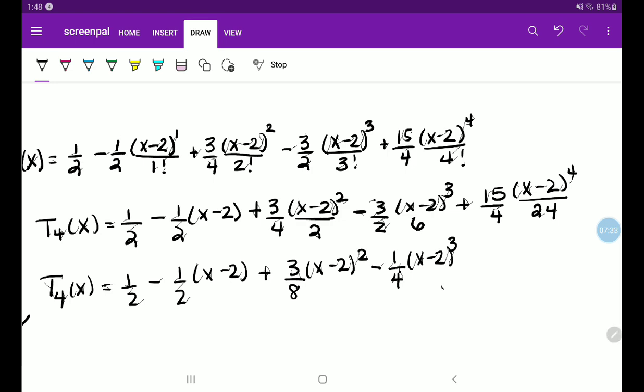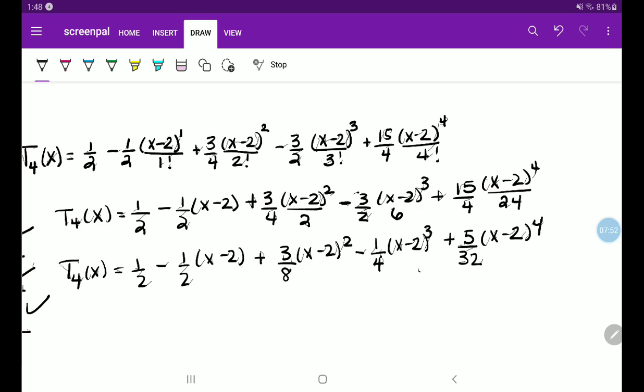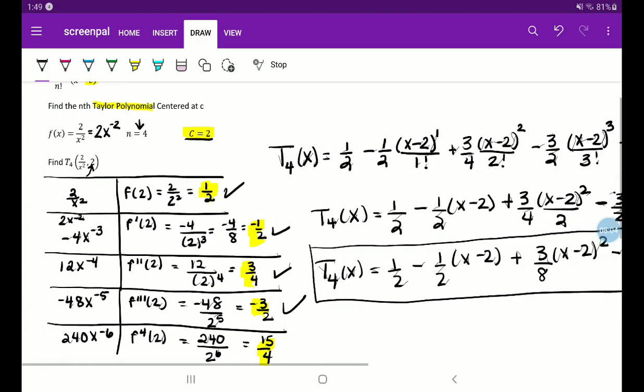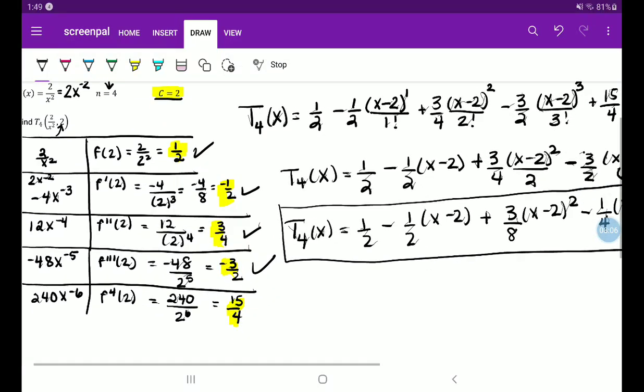So 15 divided by 4 times 24, and I'm going to turn that back into a fraction, and that is going to reduce to 5 over 32. All right, so here is our cleaned up version. I know it doesn't look clean, but there's our cleaned up version of our Taylor polynomial to the 4th degree of this function 2 over x squared.